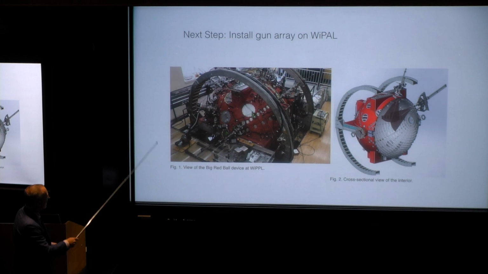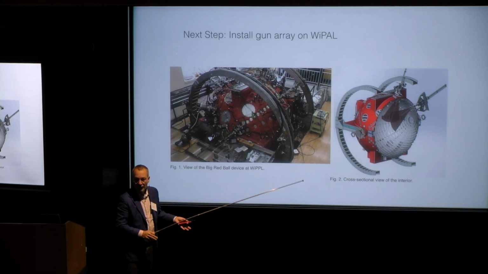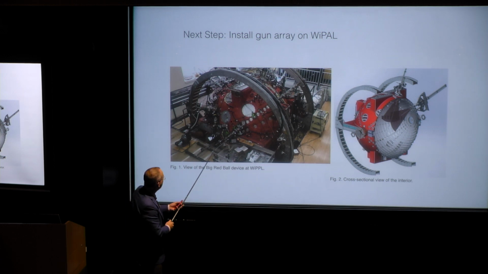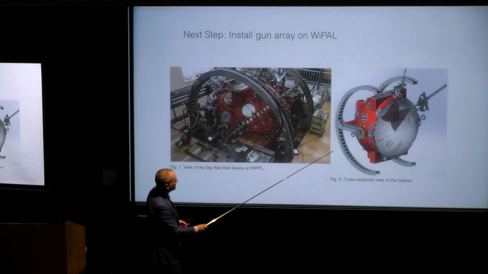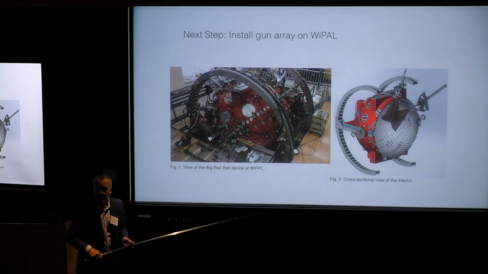Okay, and so we've now moved this experiment over to the big red ball, the configuration I showed you before. So this is a 3-meter diameter vacuum vessel, and we can put the gun arrays on either end. This gives a lot more freedom for the flux ropes to bounce around inside the middle of the machine.